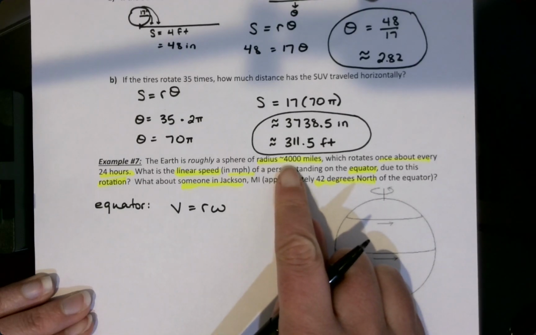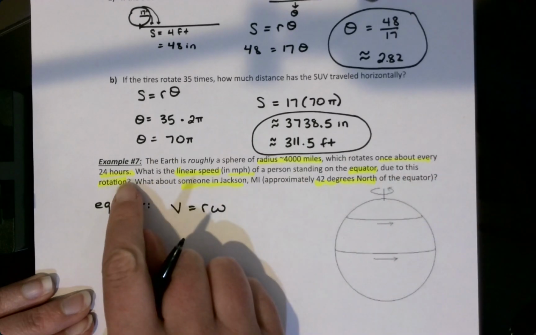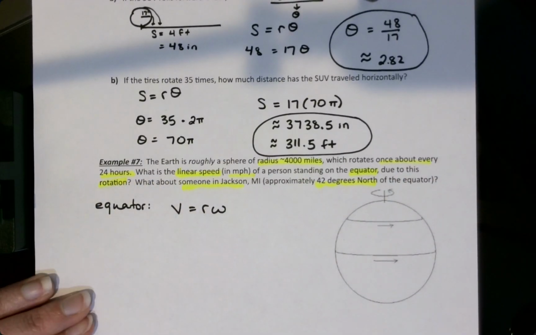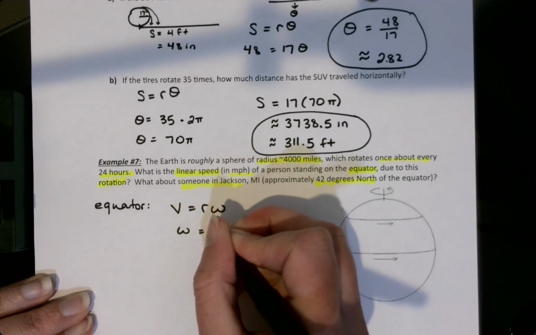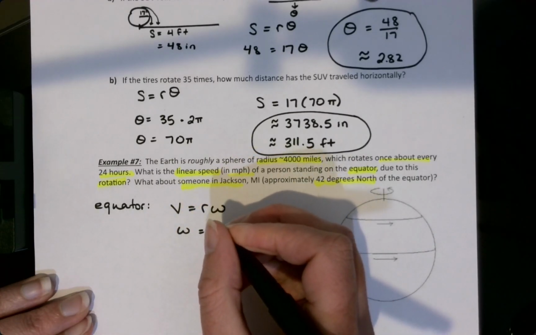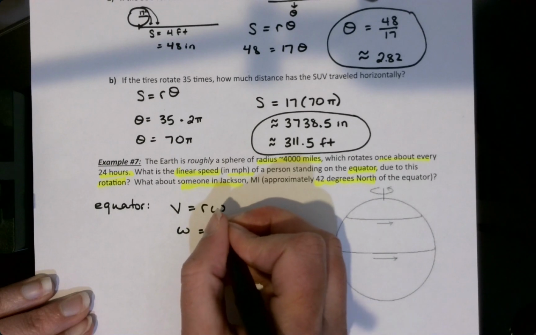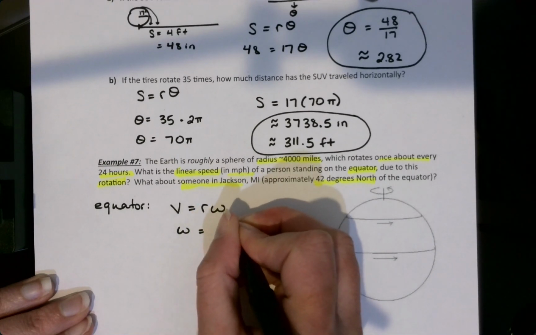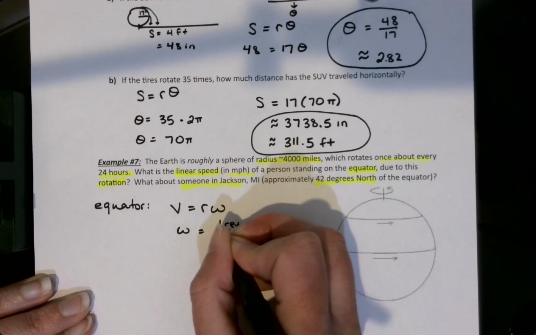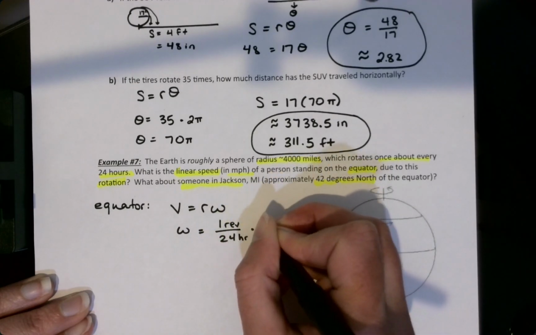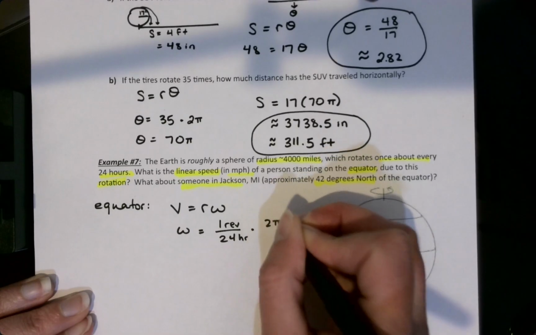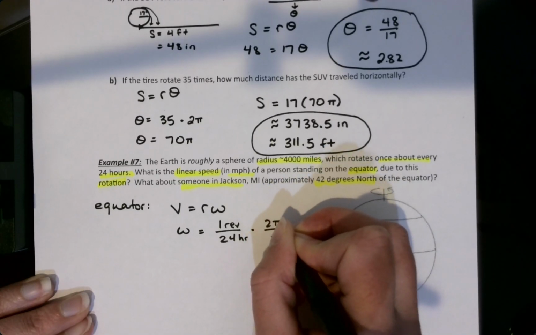If we are rotating about once every 24 hours, then omega is going to be, let's see, it takes one revolution, takes 24 hours, and there are 2 pi radians per revolution.